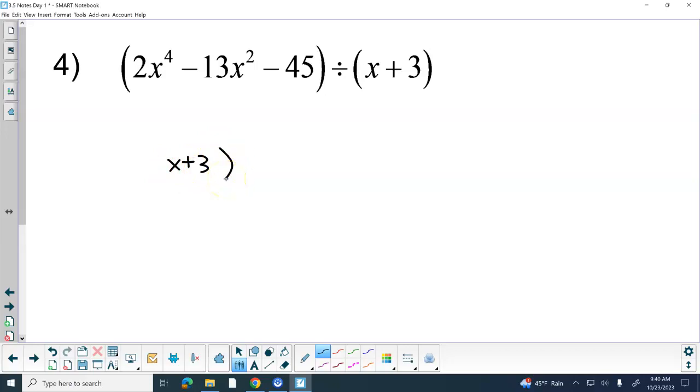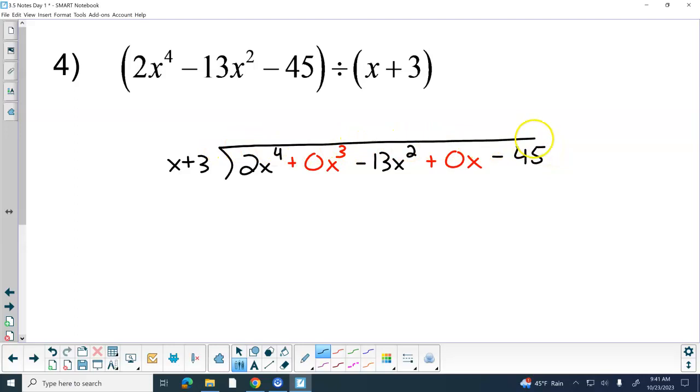It's going to be 2x to the 4th power plus 0x cubed minus 13x squared plus 0x minus 45. So we actually had to have 2 placeholders in that one.